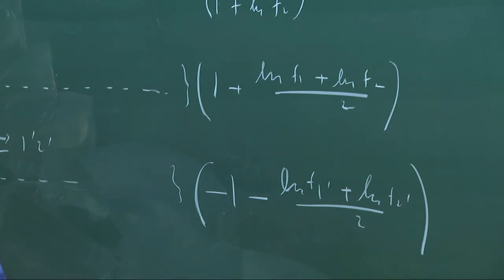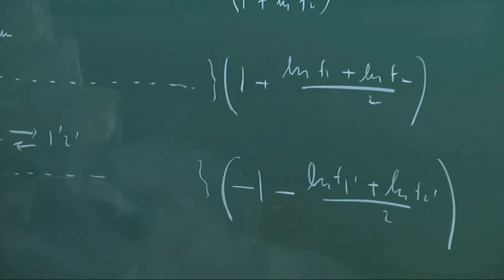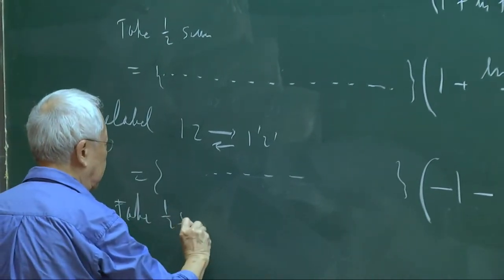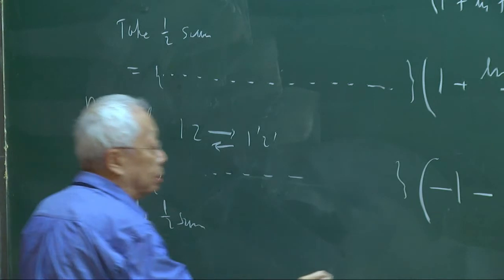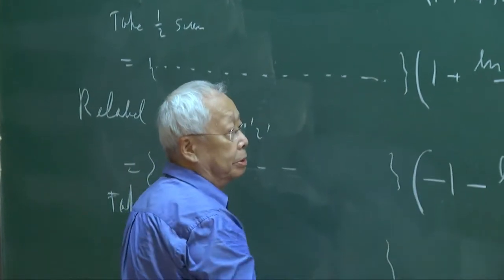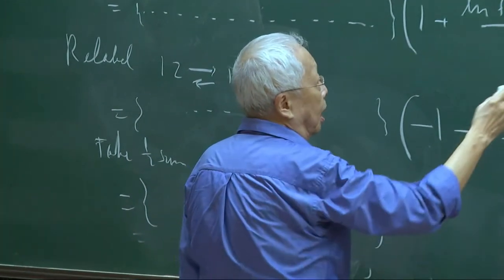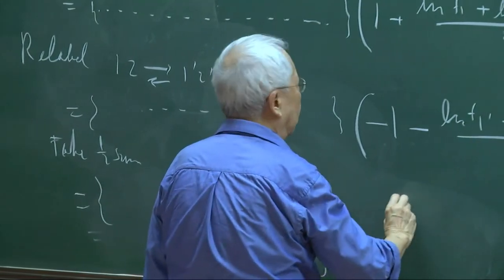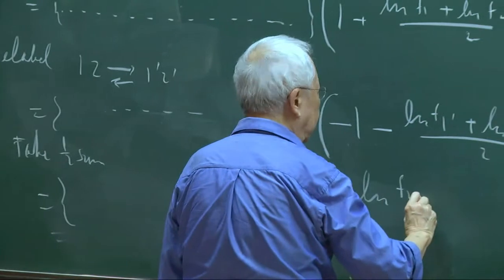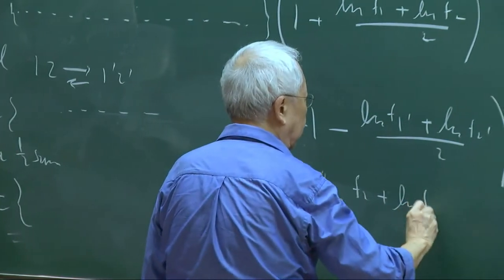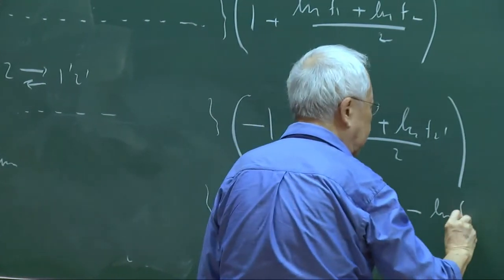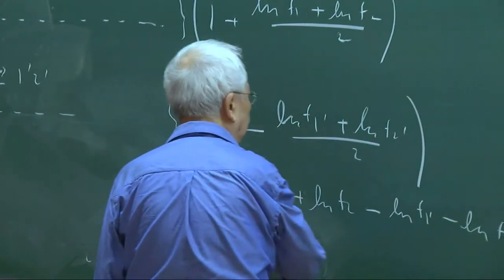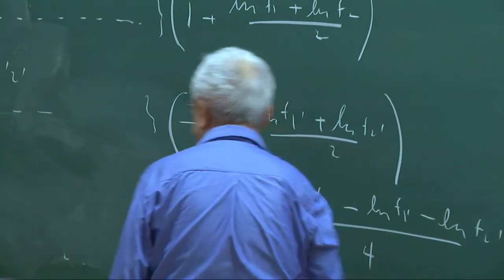So now I can take 1/2 the sum. And I would get the same thing here. Here, these two cancel. I would just get log F1 plus log F2 minus log F1 prime minus log F2 prime, divided by 4.